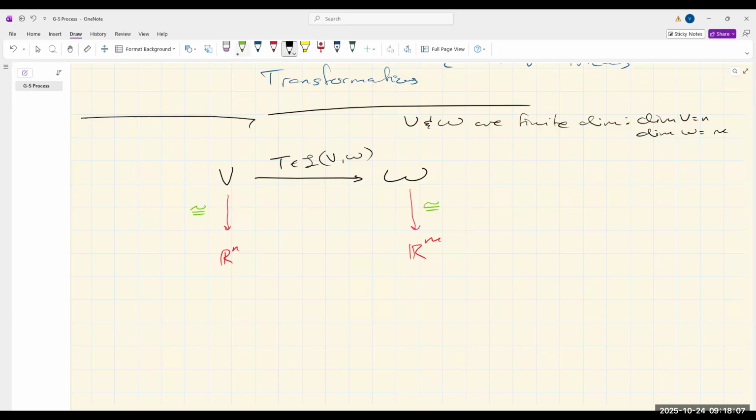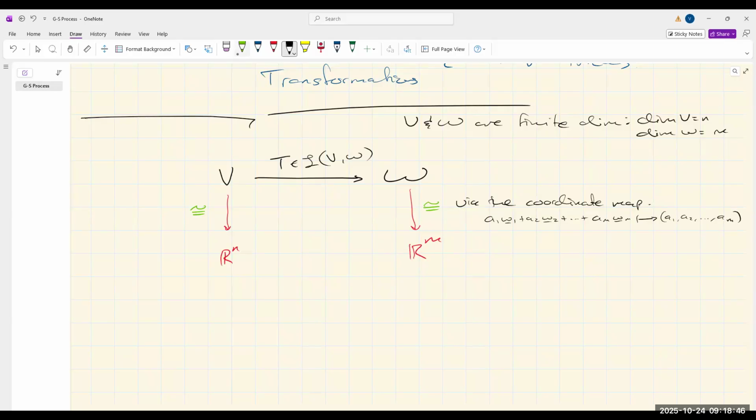Isomorphic via the coordinate map, right? And I'll put here what it does. If you take any vector a1 w1 plus a2 w2 plus up to am wm, it maps this to (a1, a2, ..., am).